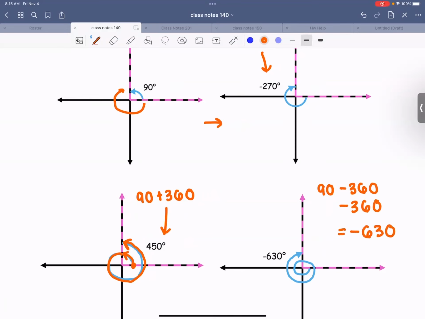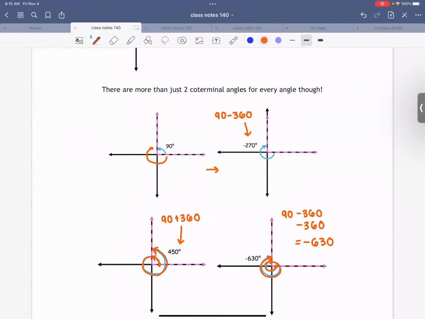What this angle is, we start at the initial side, we go negative 270 to get to the y-axis, and then we wrap around 360 again to get negative 630. So we can have angles that just spiral around and around a bunch of times and get a crazy big angle that looks like a spiral. Okay, any questions on this so far?